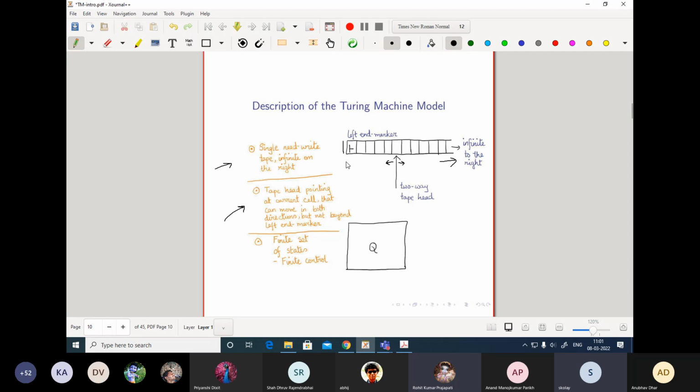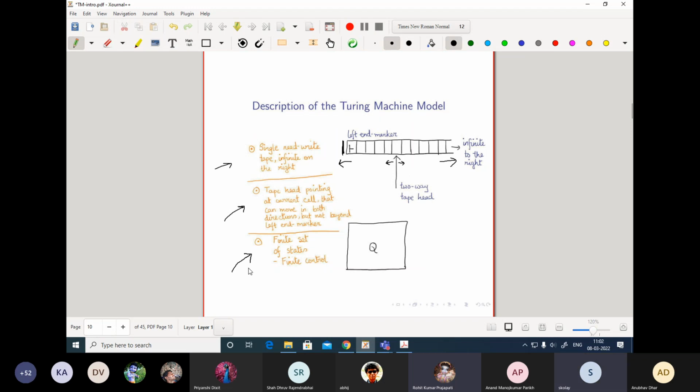And there is one other restriction: you cannot move beyond the left end marker. On the right, you can move as much as possible. In one step, the tape head moves exactly one step, either to the left or to the right. So this is the classic definition of Turing machines.